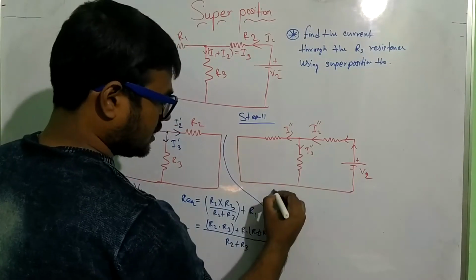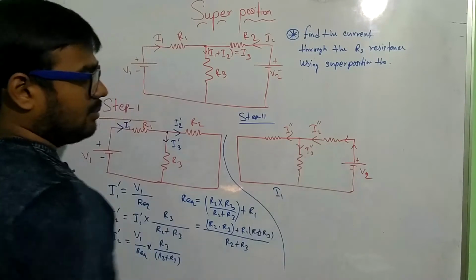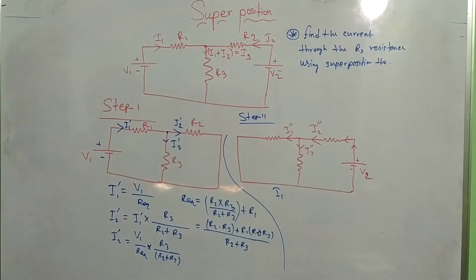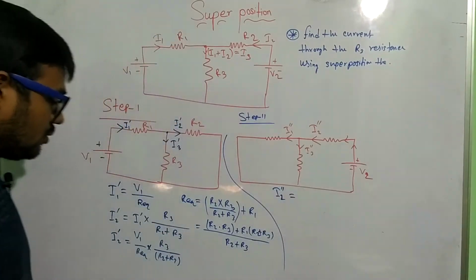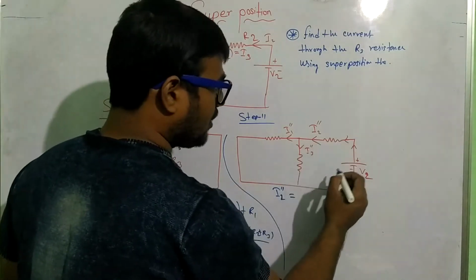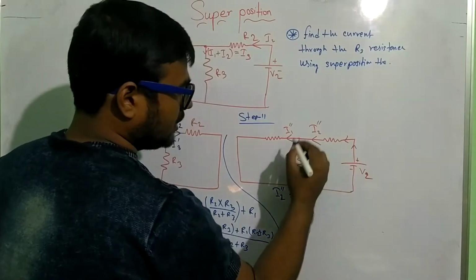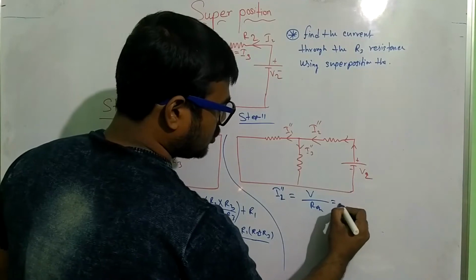Now I am doing step 2. Here the main current, or the source current, is I2 double dash. So at first you find I2 double dash. I2 double dash, main current, means V by R equivalent.